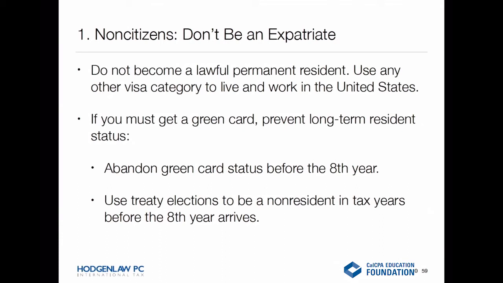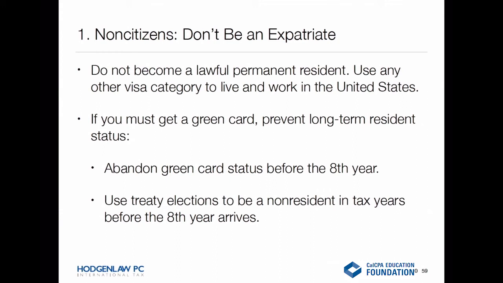The other option to not become an expatriate, if you have a green card, is to use treaty elections to be a non-resident in tax years before the 8th year arrives. We've actually worked with clients in these types of situations where they've come to us and said, I have a green card, I think I want to spend some time abroad, et cetera.